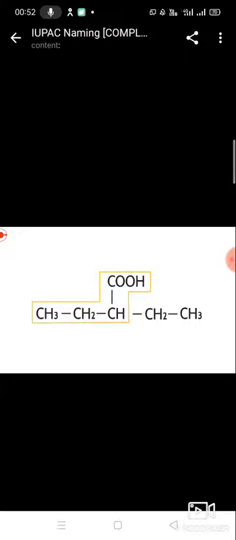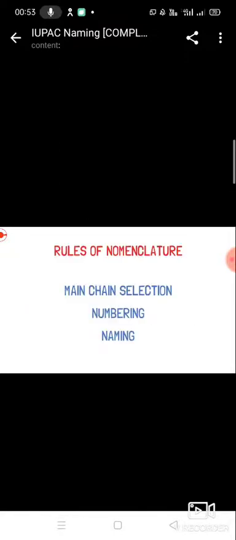So here when you count this, we have to include the functional group in the main chain, so that it comes only at the end of the carbon chain. So this is the end point. So 4 carbon atoms are present in this structure. So butanoic acid. In the butanoic acid what is present? Second carbon, ethyl group is present. So 2-ethyl butanoic acid.